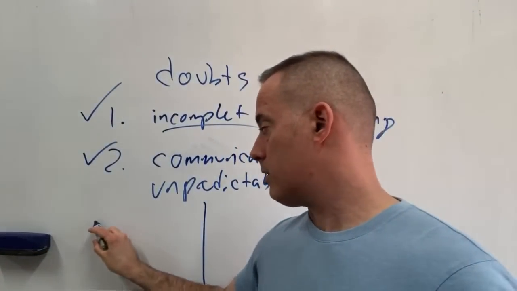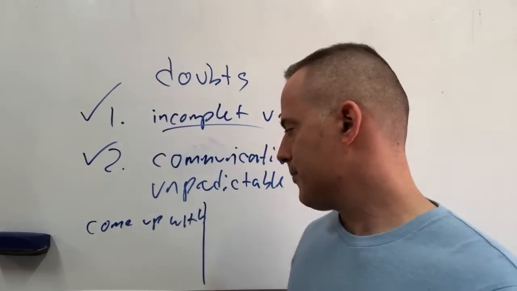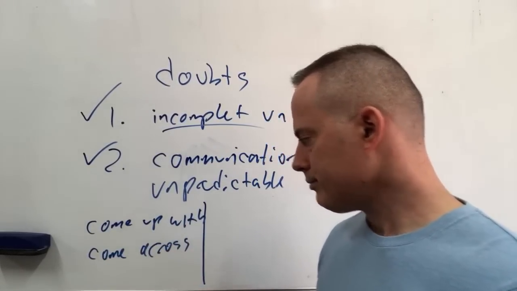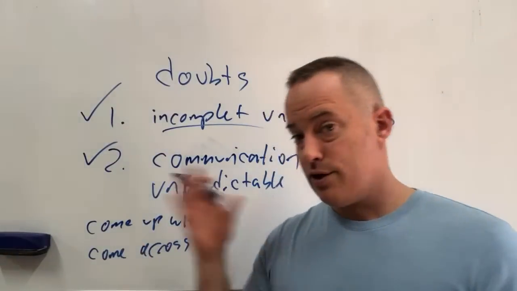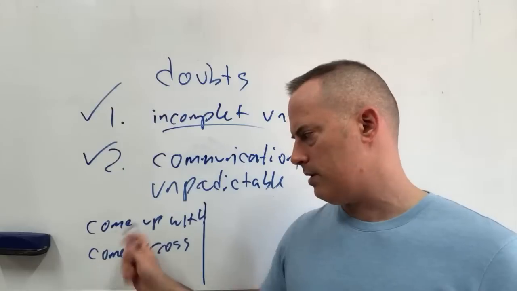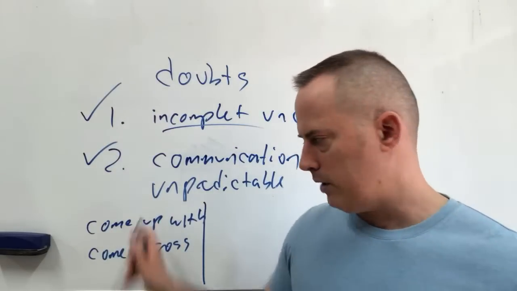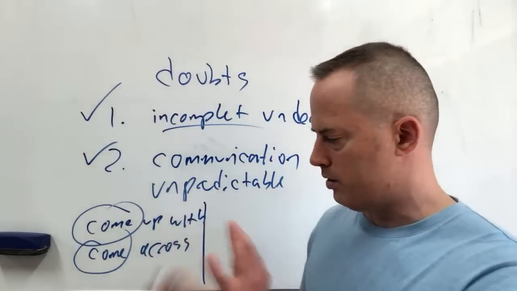A non-native speaker learning English through vocabulary, maybe they get definitions or they're just looking at things, and they think, oh no, they look similar because they both have the word come and they're both phrasal verbs, what do we do with this?